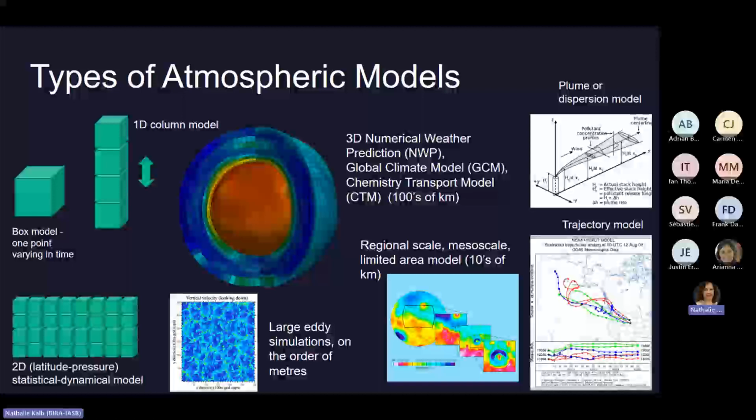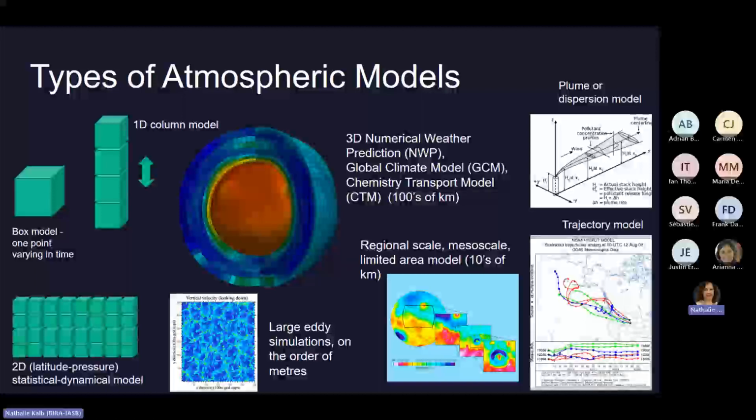Sometimes you have to nest quite a few times, so it's also computationally expensive. But once you do this run, then you can do short-term, you can do testing and things like that. So regional scale, mesoscale models are also really interesting for Mars. On the order of meters, you can do large eddy simulations. I have not done this, but it's also very interesting.